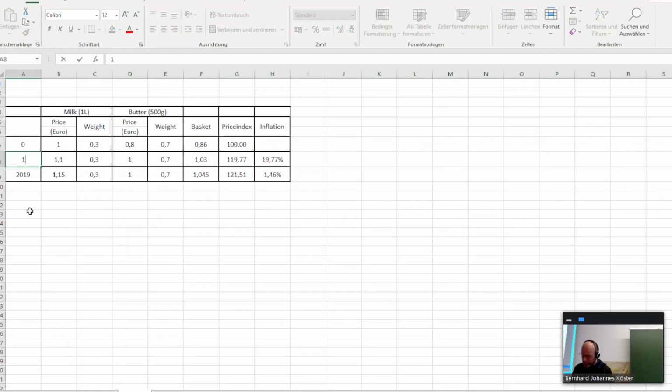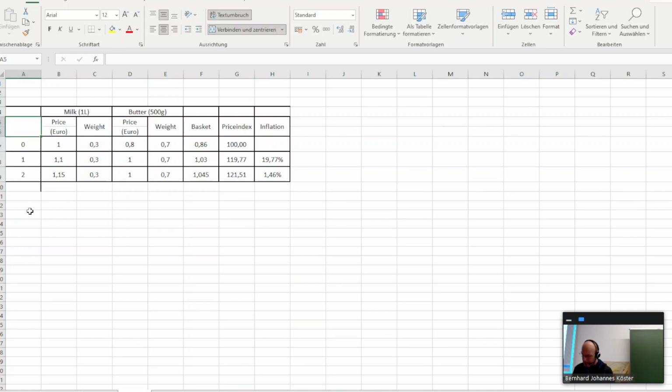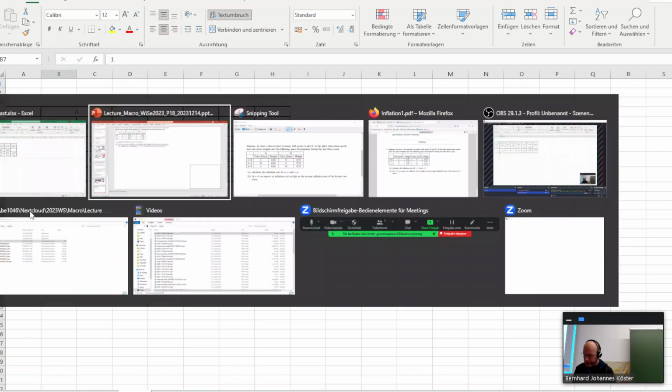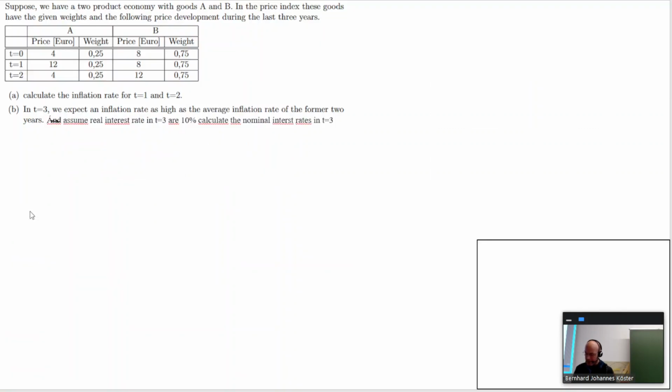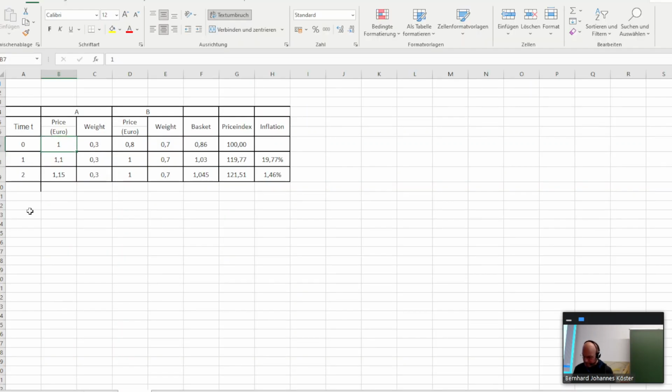We have time t as 0, 1, 2, and we have goods A and B, with prices 4, 12, 4 and 8, 8, 12, and the weights 0.25 and 8, 8, 12.